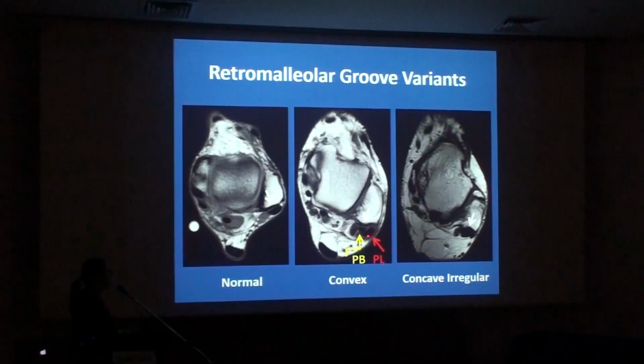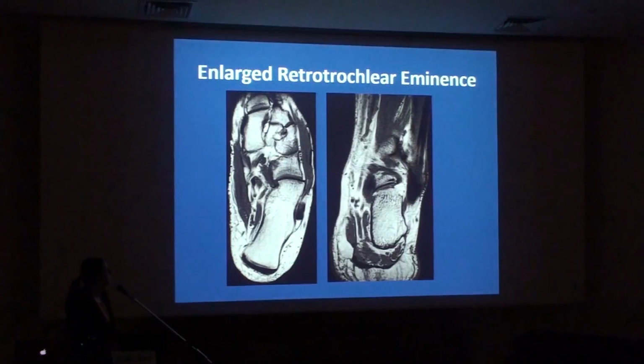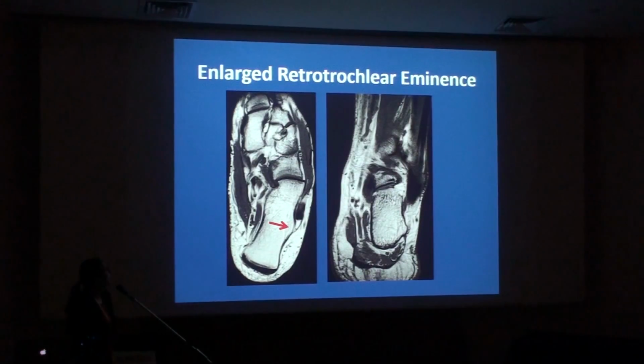In this particular case, you can see over here with this convex retromalleolar groove that there is a tearing of the Peroneus brevis tendon and some tendinopathy of the Peroneus longus. Here is slight hypertrophy of the retrotrochlear eminence.